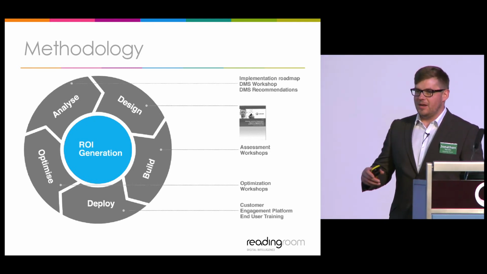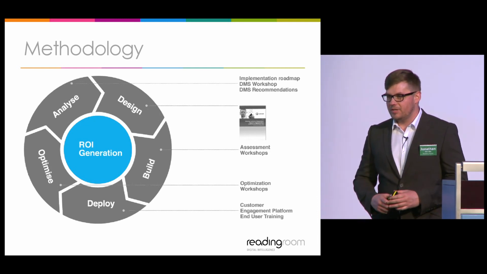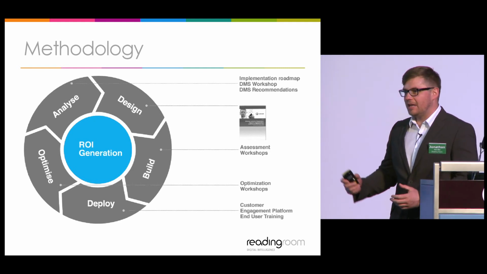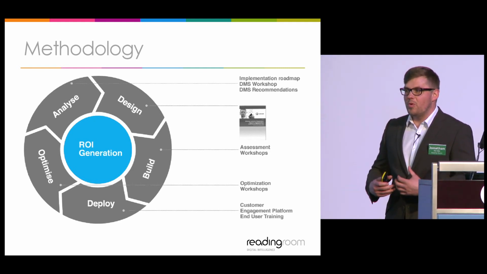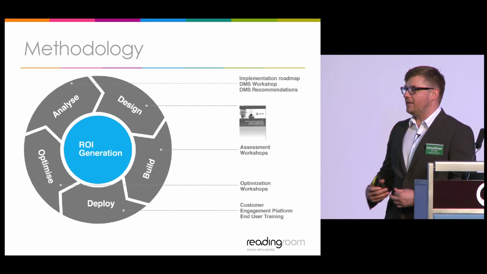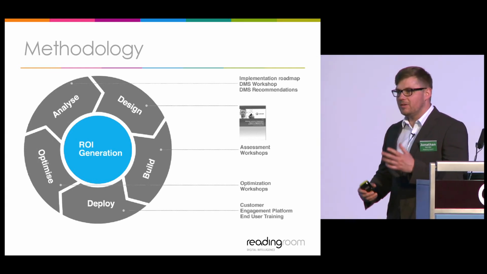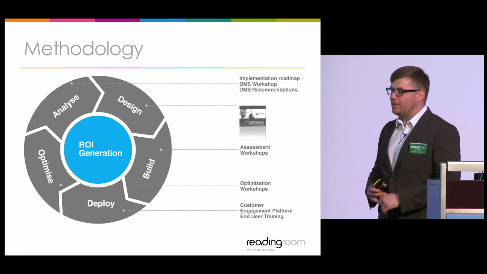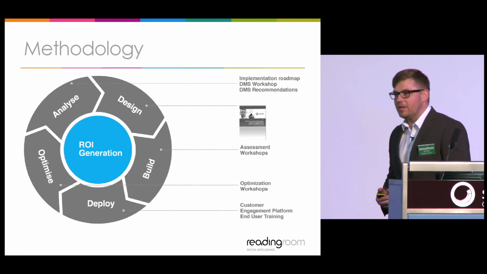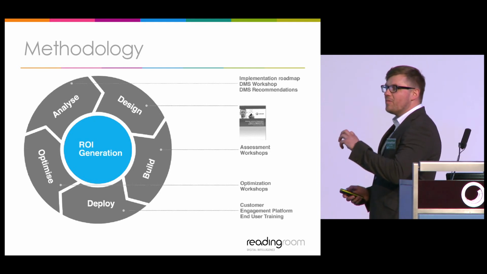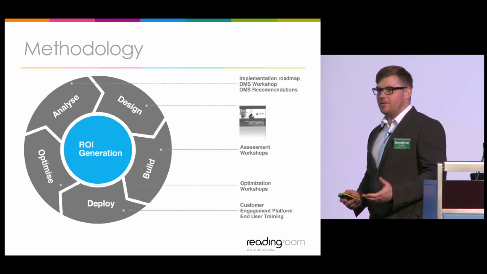What we're analyzing now is the second step of your maturity model. What's the next bit of technology or functionality that you want to use to get more people on board, to be more effective on your website? And you go through the whole process again. And that just continues until you get to the end of where you want to be, and all of the elements that you want to deploy are done. But all the time, what we're doing there is increasing the ROI generation of your site.